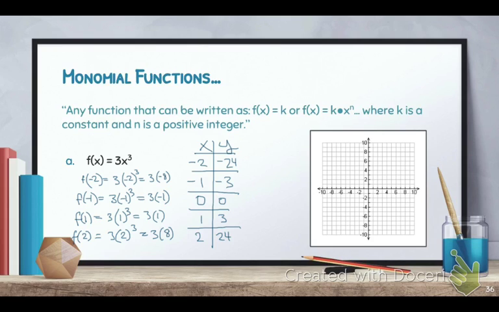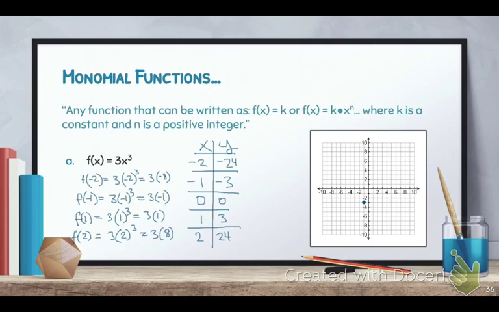So now let's graph our points real quick. At -1, we have -3. Oops. It should be over a little bit. At -2, it's -24, so it'd be way off the charts, right? Further than I actually have.